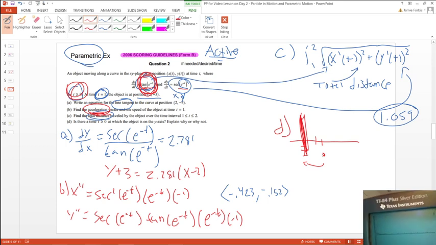If you notice, any t value I plug into my derivative function x, greater than 1, is always going to be positive, which means the function is always going to be increasing. So time 2, time 3, time 4, it's always going to be moving in the right direction because the derivative is always positive. Now, what about between time equals 0 and time equals 1? What about where I started off at time equals 0?